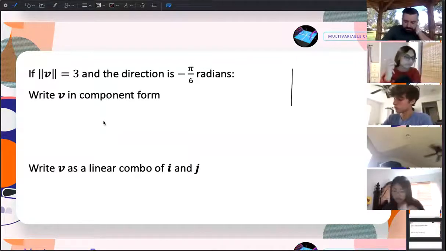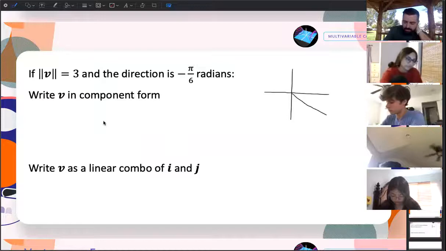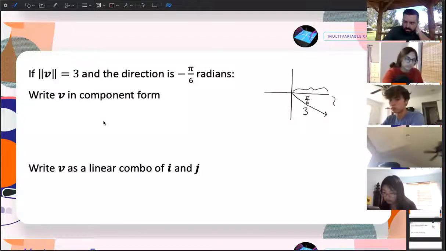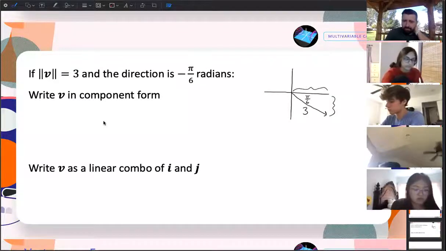So say our vector is going 3 units at negative pi over 6 radians. So that would be like down here. This is pi over 6, 3 units long. And now we want this length and this length to get its components. You could use trig, right?